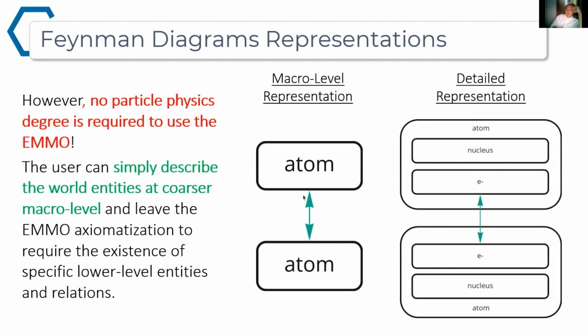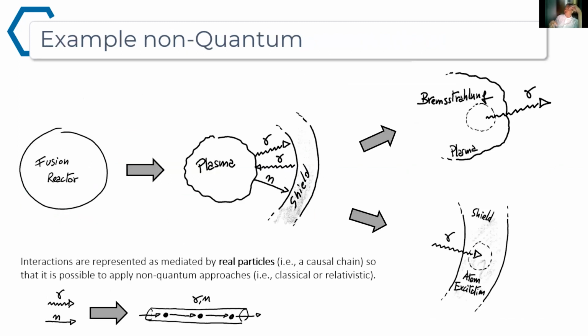And if you want to be more specific, you can always decompose an atom into the constituents, and you can declare that this electromagnetic interaction occurs between two electrons in the shell of the atom. So the standard model of particles is a way to provide rigorous foundation to the EMMO, but it's not required to use it at operational level.